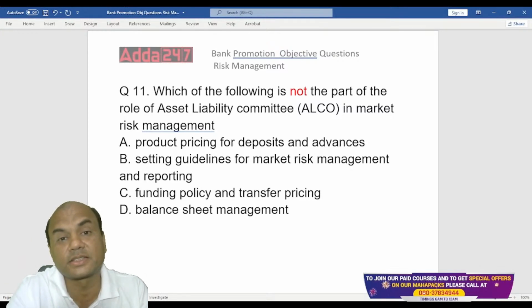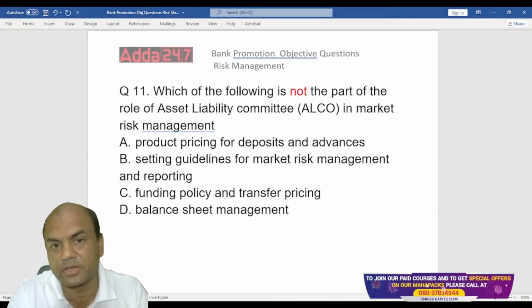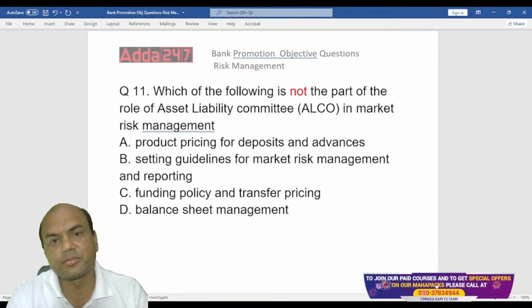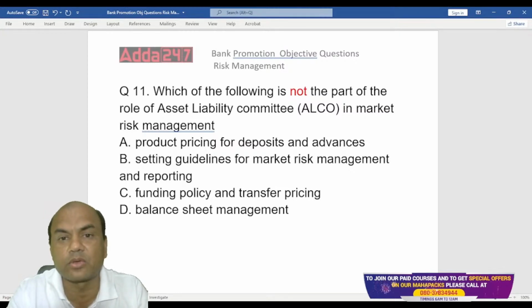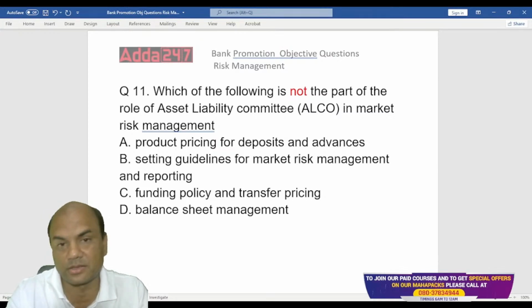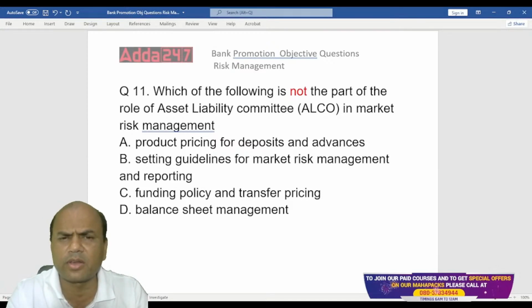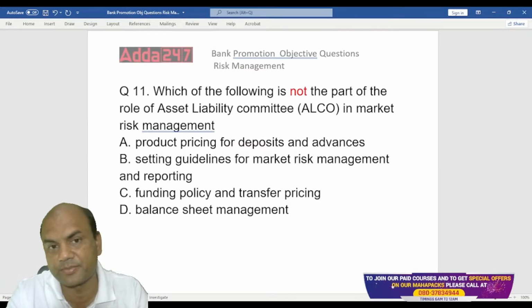Below that, senior executive level committee. Below that, all this ALCO, CRMC and ORMC. So what does this sequence say about ALCO, CRMC and ORMC? These are all the operational level committees. Operational means whatever operation, branch level or HO level or anything related to operations.